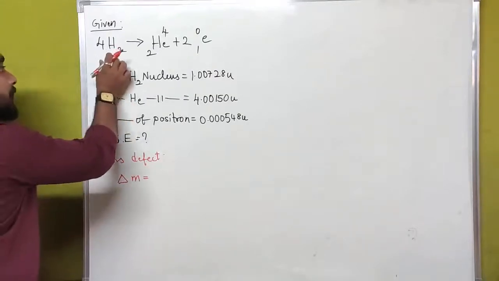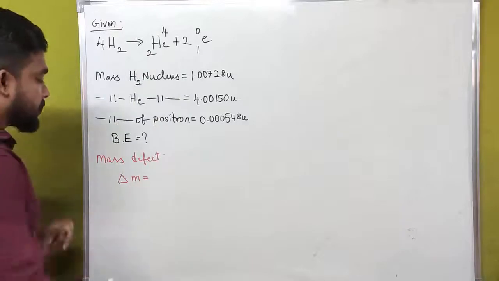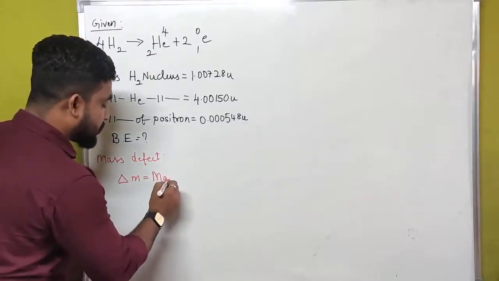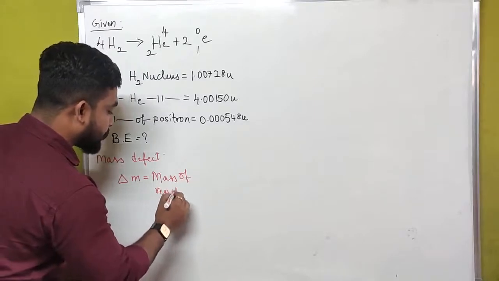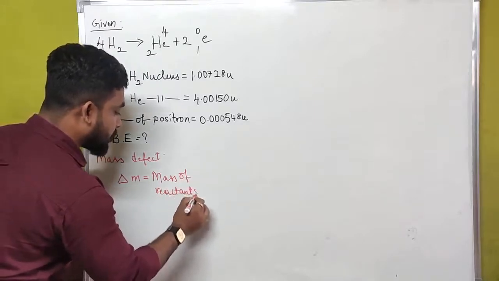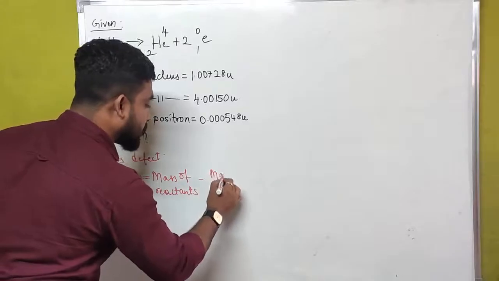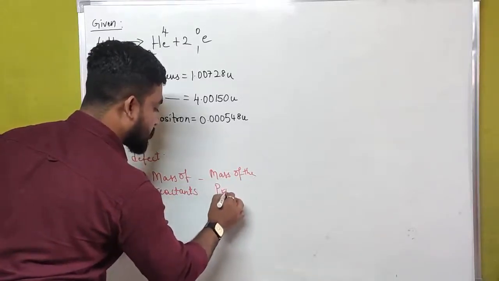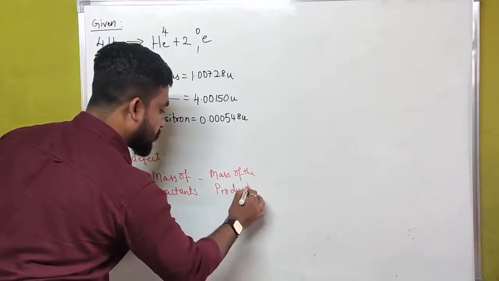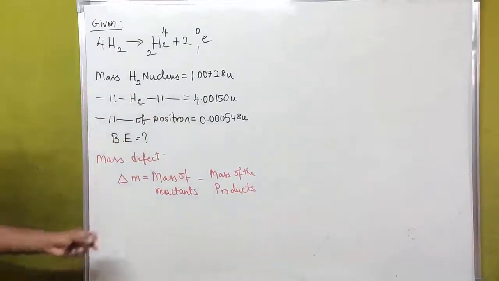Actually, this is the reactant and this is the product. Actually, this is the expression to find out the mass defect here.